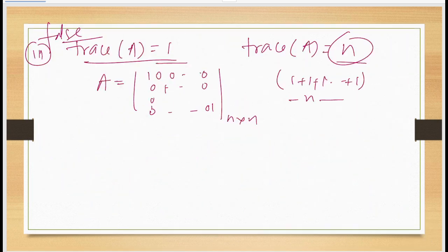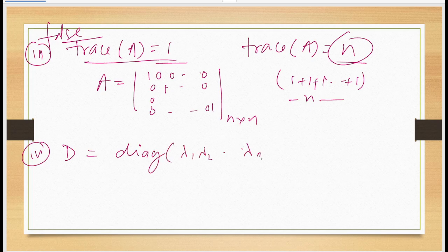In that case, as we know, we can write in terms of the diagonal elements. So D equals diagonal of lambda 1, lambda 2, dot dot, lambda n, with each lambda i belonging to minus 1, 0 and 1, right?